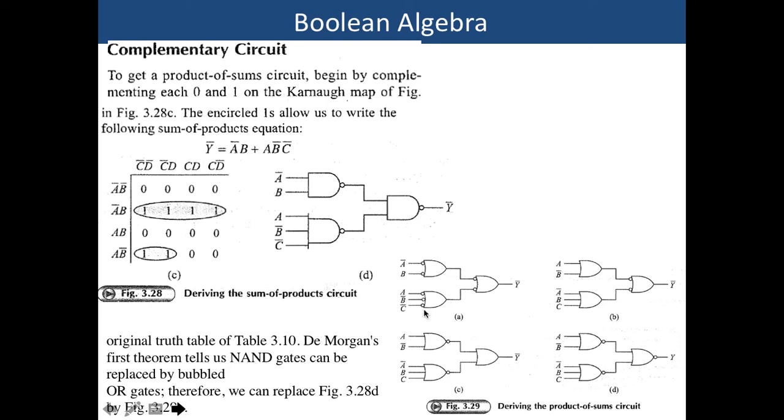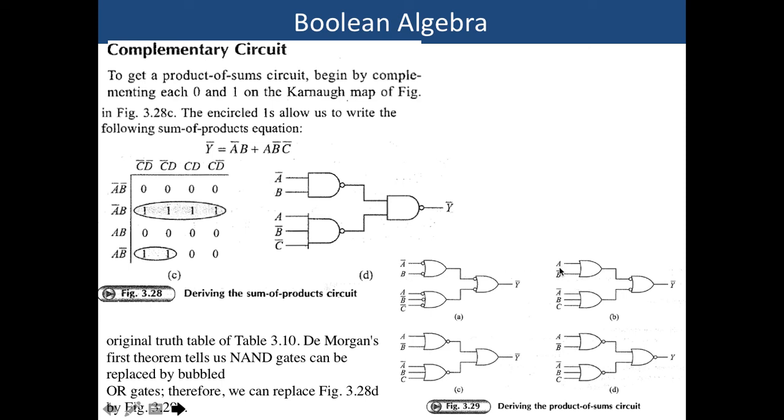How? Like this. First of all, we can write this circuit like this: A bar B, A B bar C bar. The final output is Y bar. Then we can write this circuit with complementing.